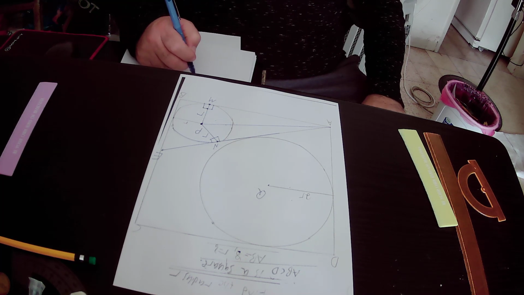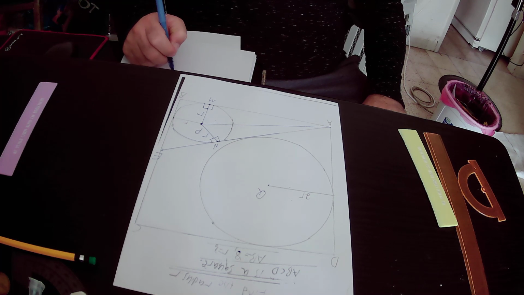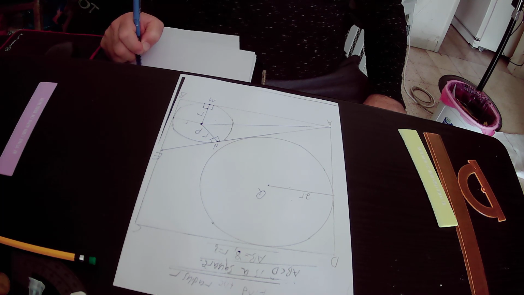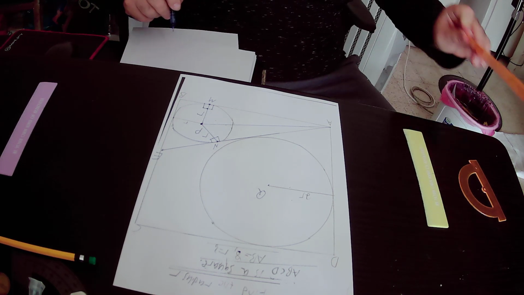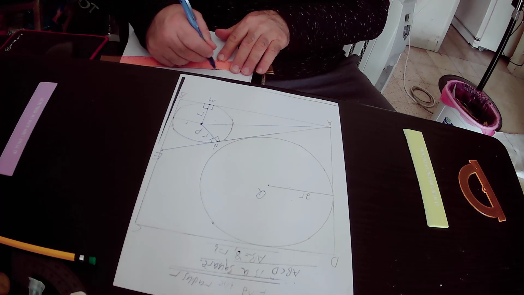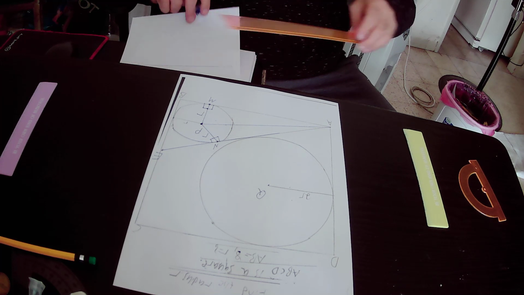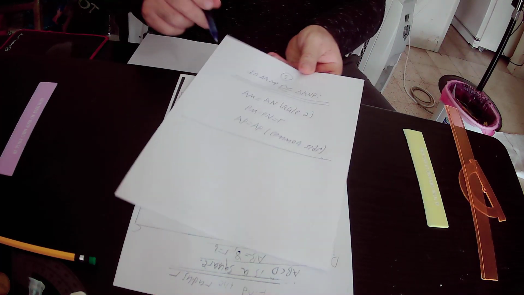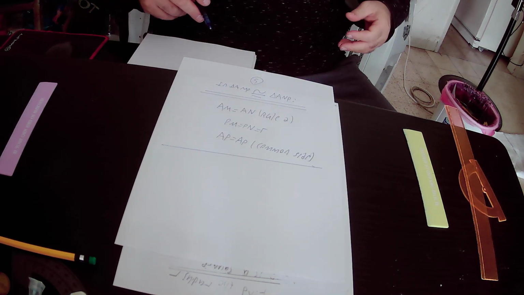So AP equals AP is a common side that belongs to both triangles.